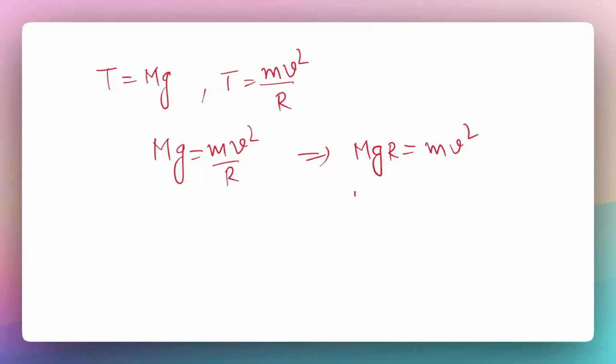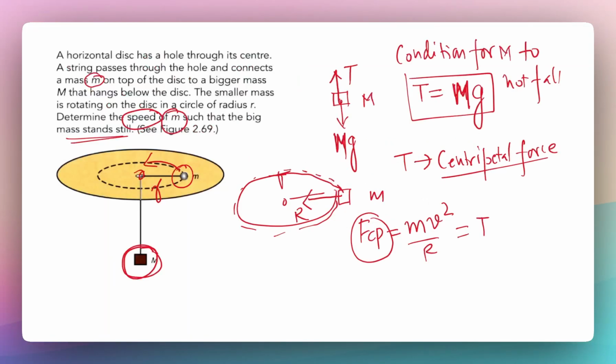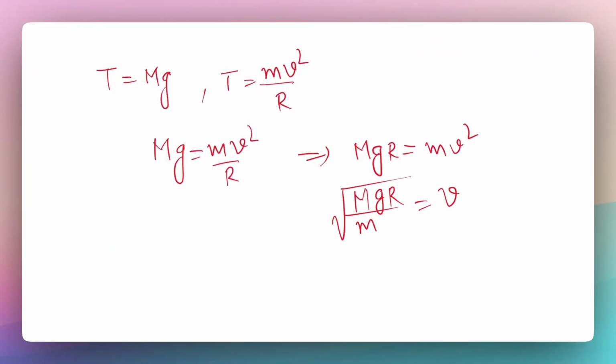We'll take the m down. We get M by m g r, and v is going to be the square root of M g r divided by small m, and that is what the question is asking. So we found at what speed it should rotate so that the bigger mass stands still.